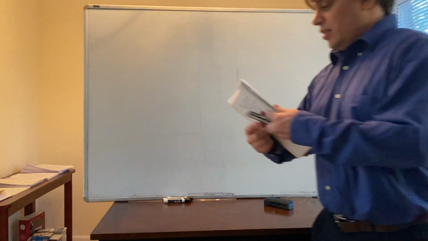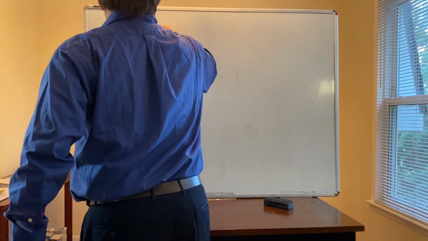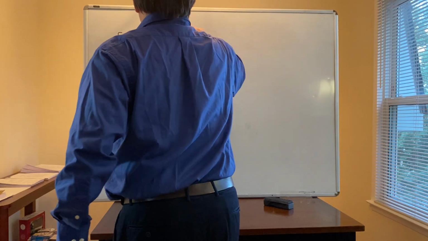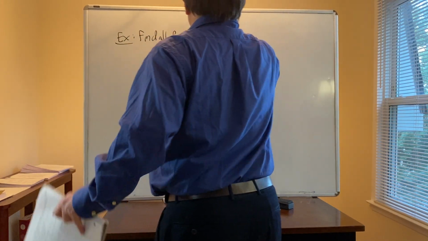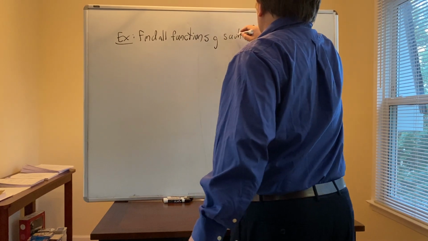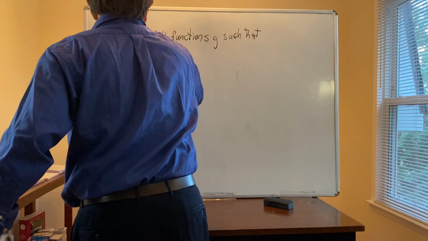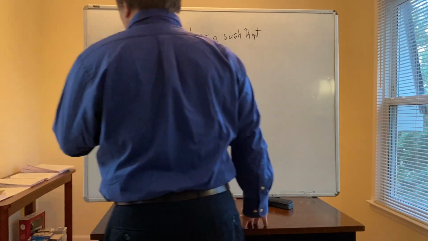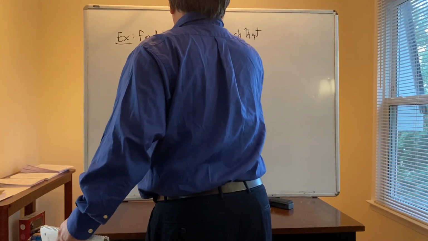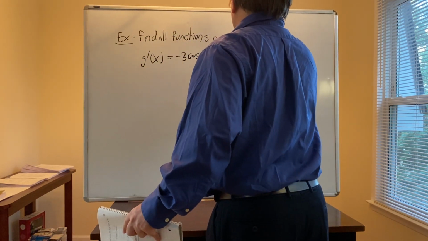So next example is find all functions little g such that g prime of x is equal to -3 cosine x plus 3x squared plus 7.